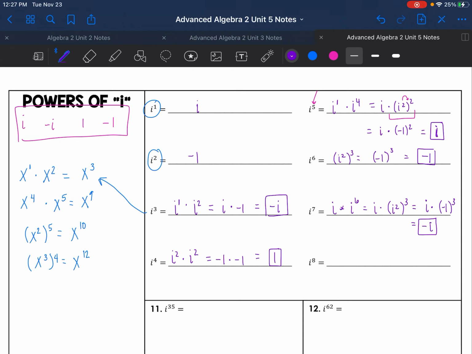And then i to the 8th, we can do i squared to the 4th power. This would be -1 to the 4th power, which is +1.